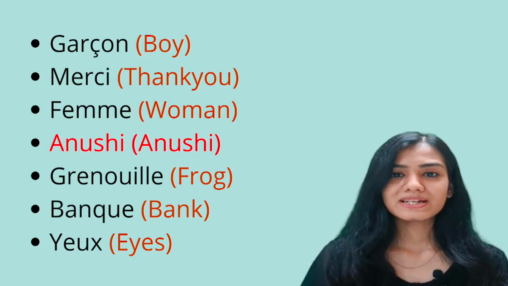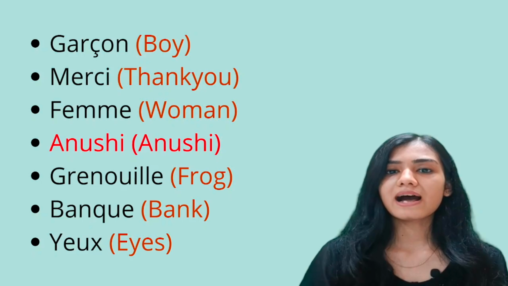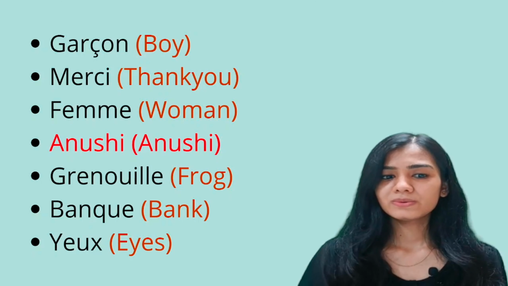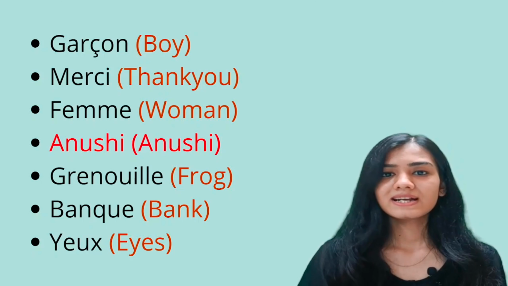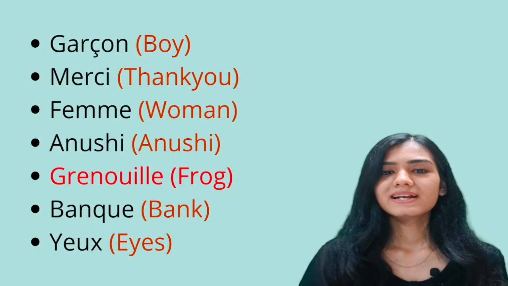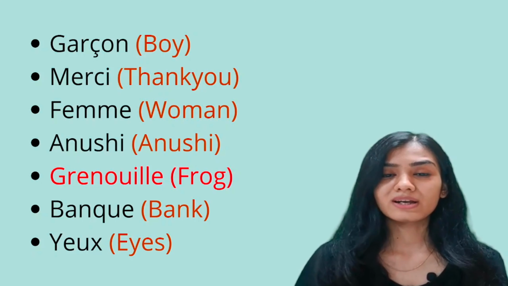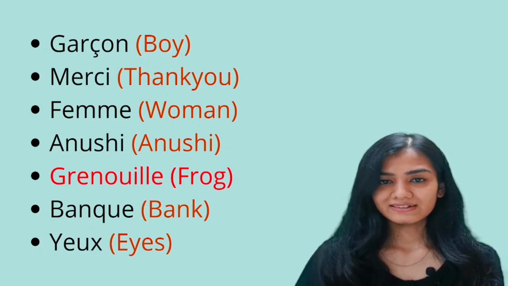Now the next one is my name. So how am I going to spell my name Anushi in French? It's A-N-U-S-H-E. Anushi. Now the next pronunciation is a bit tricky again. It is for frog. So a frog in French is known as grenouille.